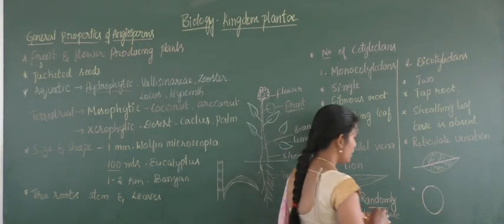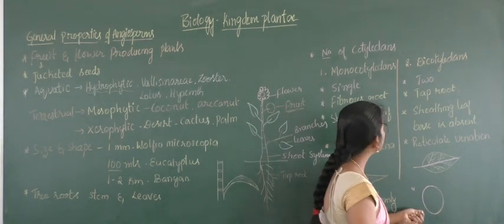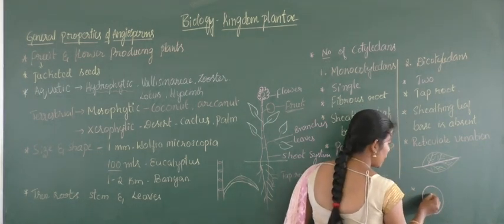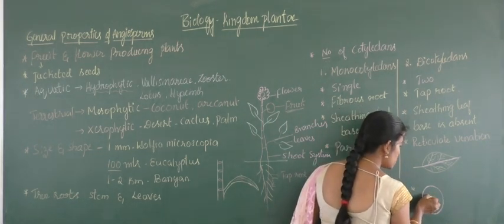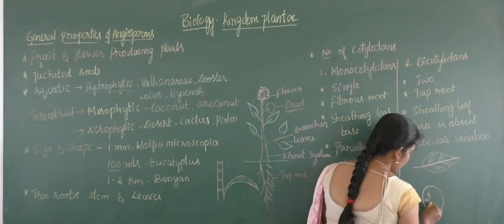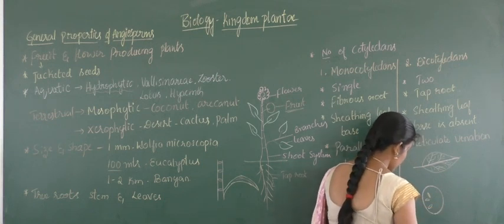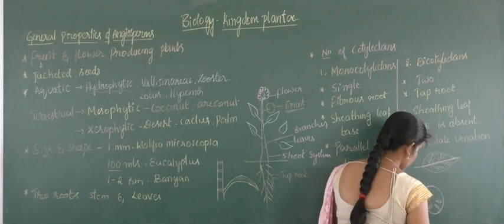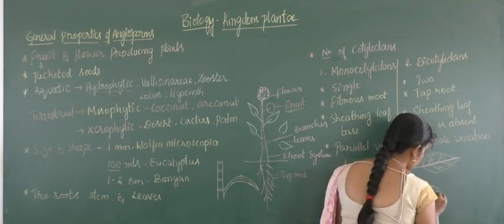And when you see the transverse section of a dicotyledon plant stem, you can analyze the presence of xylem, next phloem, again xylem, phloem, xylem, phloem.